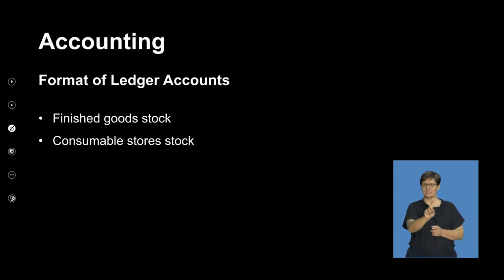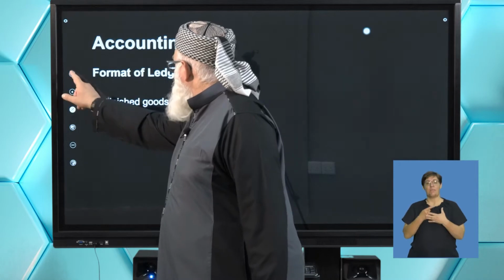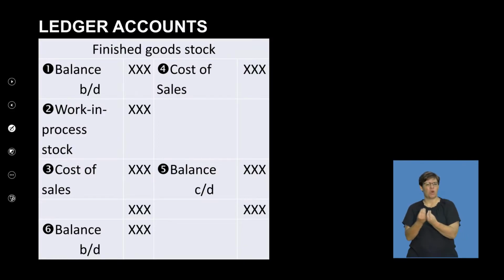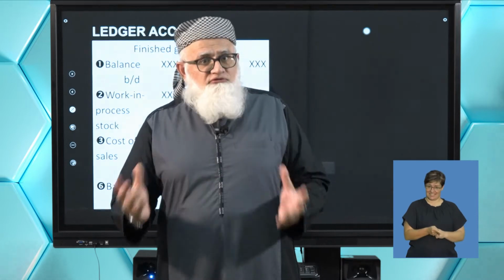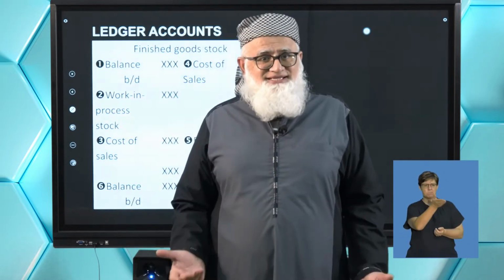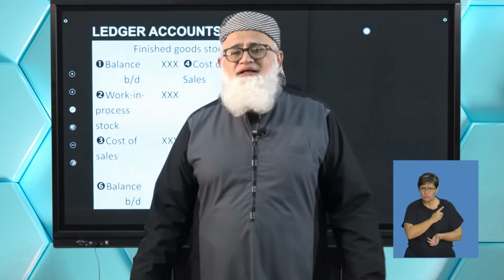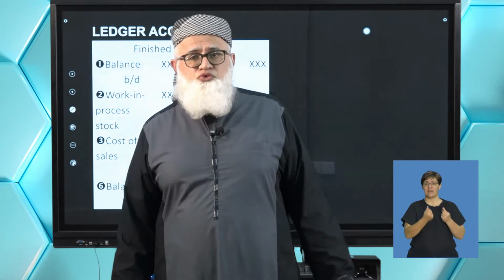In our previous lessons, we dealt with the other accounts. Our emphasis today is on the finished goods stock account. Remember, when you walk into your showroom at the beginning of the financial year, you will find that there's still stock on the shelves. It doesn't mean that because it was the last day of the previous financial year, all the items were sold.